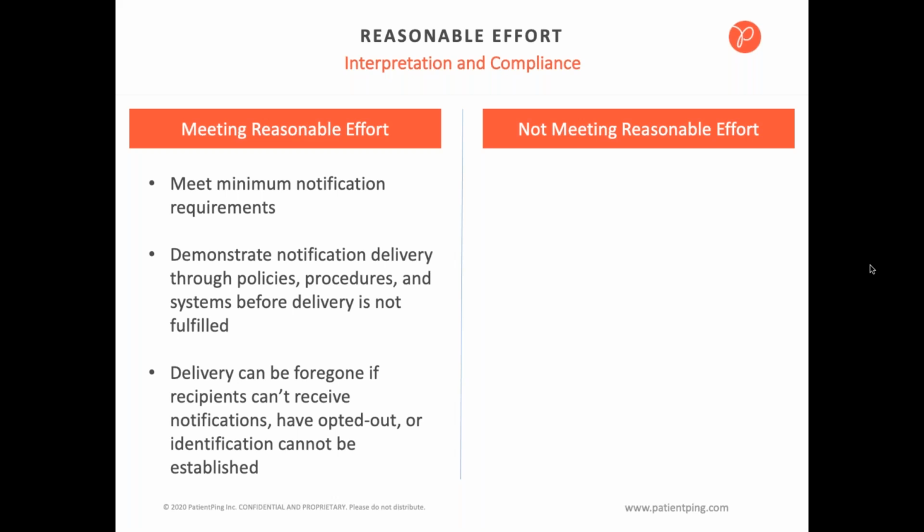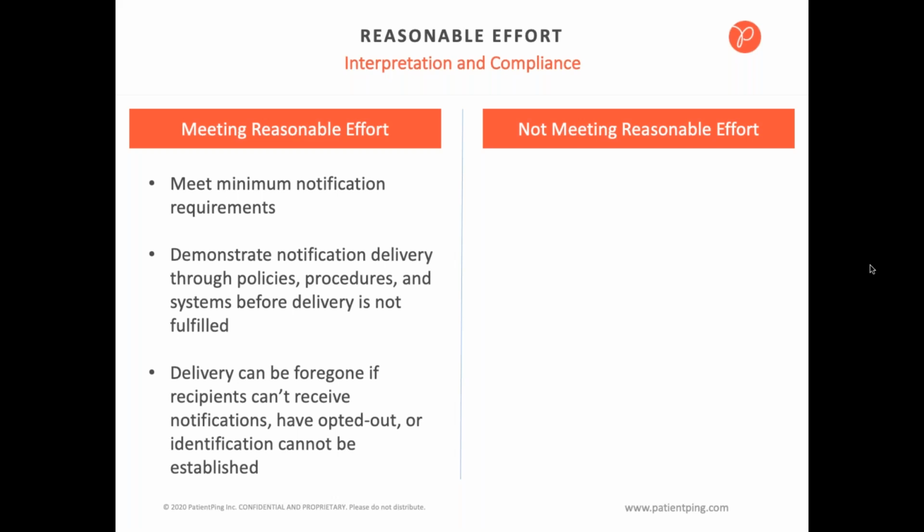While hospitals may not reasonably be able to determine proactively on their own the whole universe of those recipients, there is still a need to meet the minimum requirement of sending notifications to those that actively need them for treatment, care coordination, or quality improvement activities, and that haven't opted out of receiving those notifications.